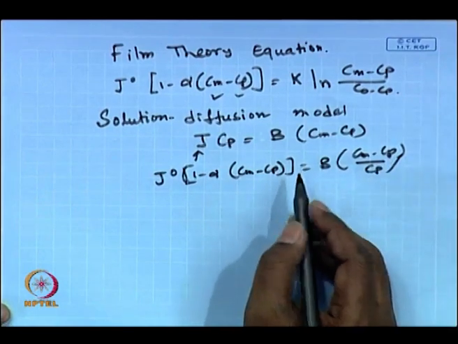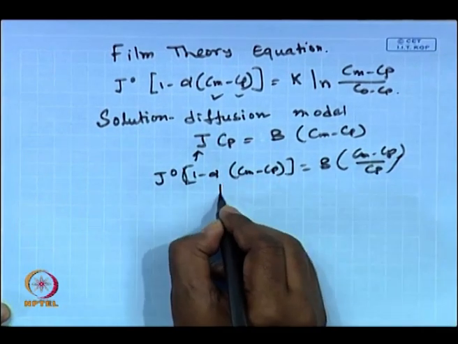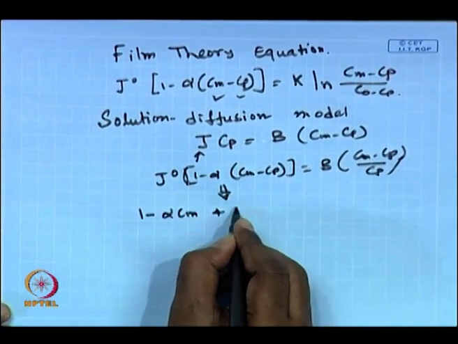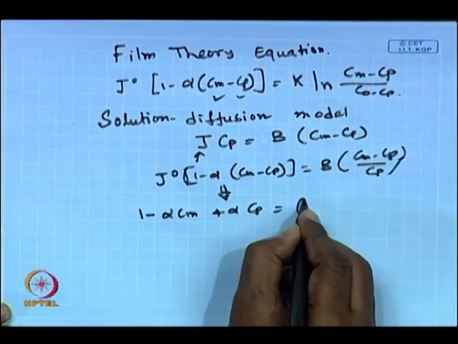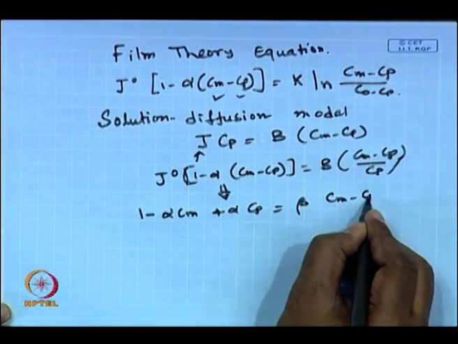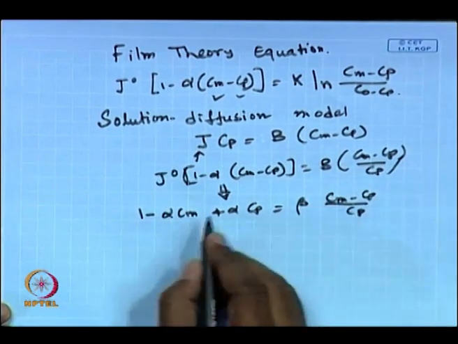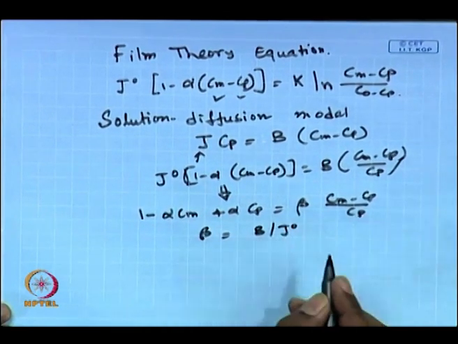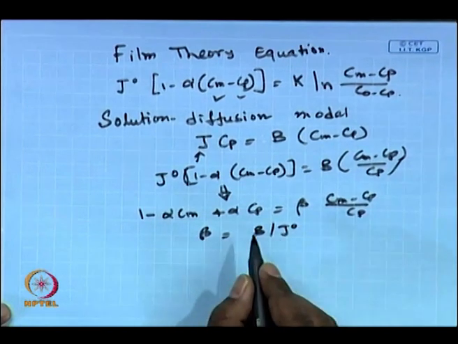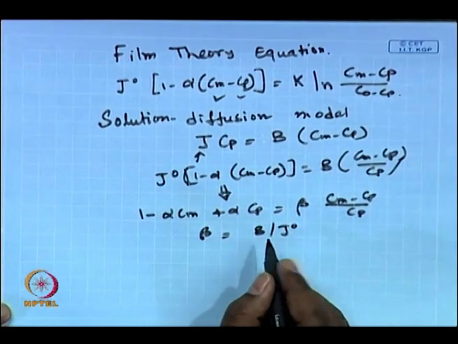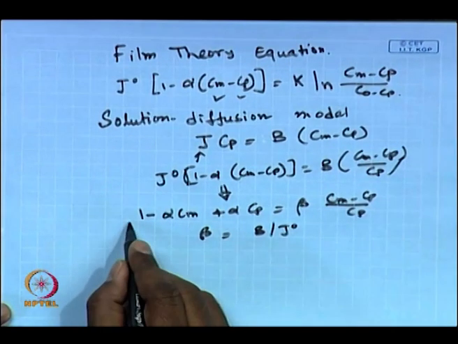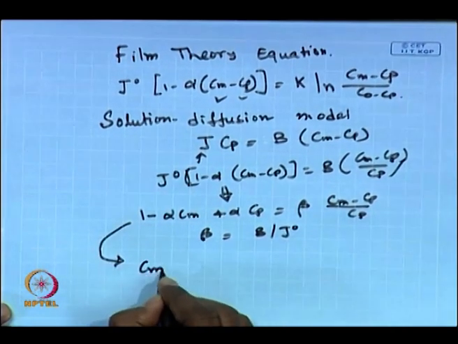Now, this equation can be simplified to 1 minus alpha times Cm plus alpha times Cp is equal to beta times Cm minus Cp divided by Cp. What is beta? Beta is nothing but B by J naught.